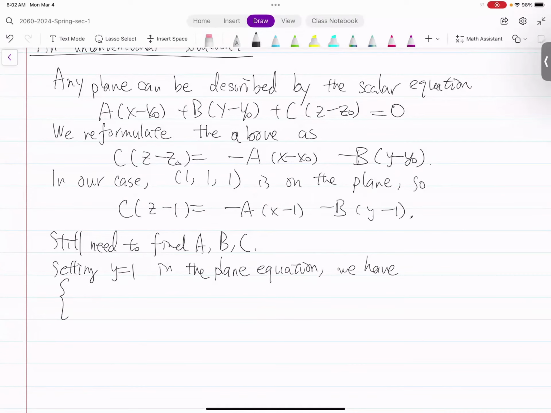The second term of y is gone. Okay, so the y is 1, this is gone, but you want to also put that y equals 1 as a condition in your system of equations. So this becomes c(z minus 1) equals negative a(x minus 1).